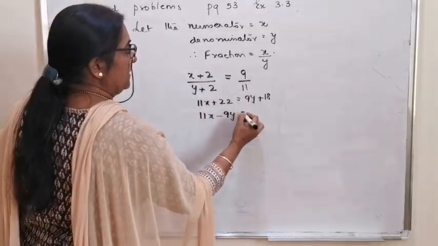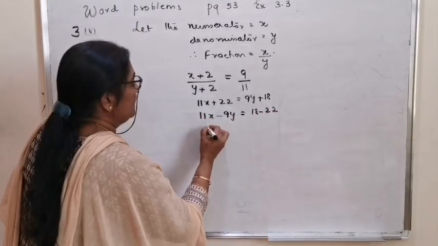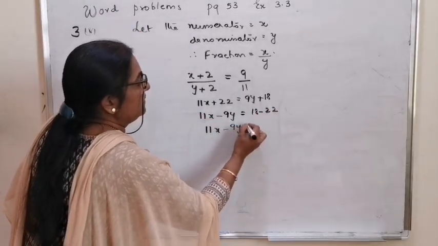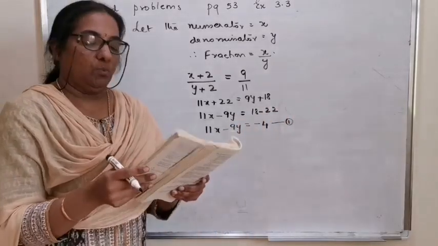11x minus 9y is equal to 18 minus 22, or 11x minus 9y is equal to minus 4. Equation number 1.